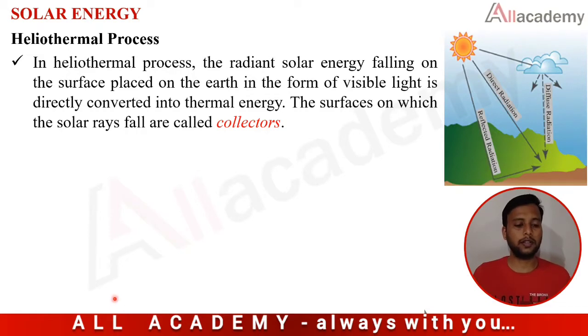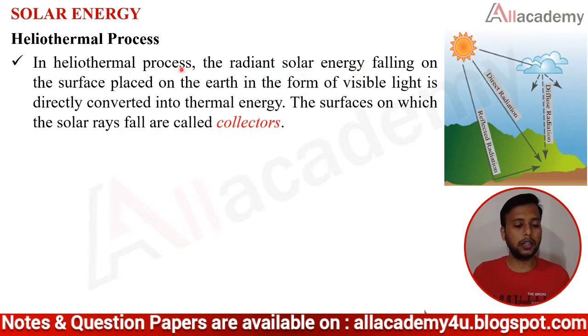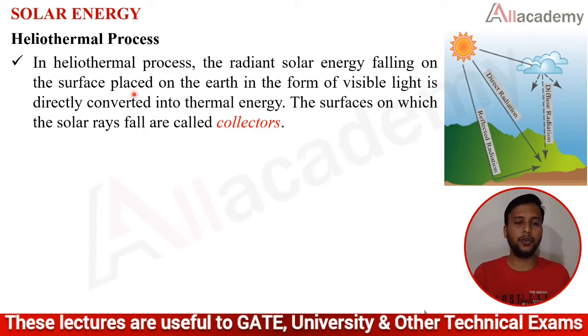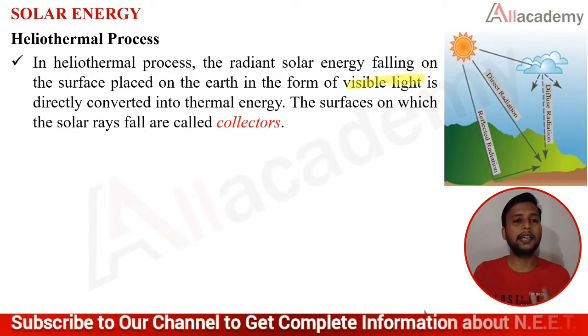In the heliothermal process, the radiant energy falling on a surface placed on the earth, in the form of visible light, is directly converted into thermal energy.